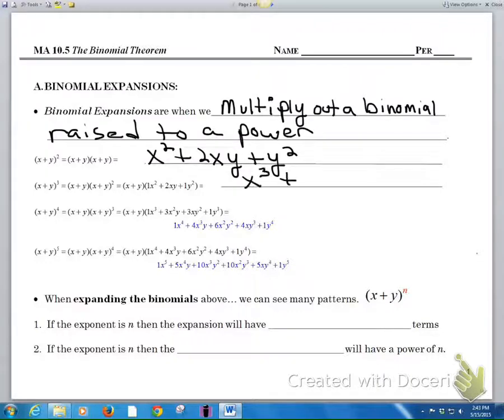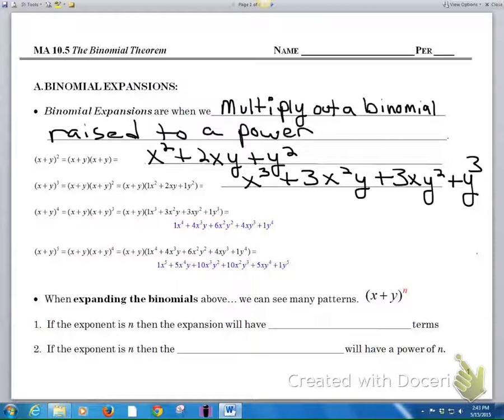So if I were to multiply out (x + y)(x + y)(x + y), it would be, and I'm going to show you how to get this, x cubed plus 3x squared y plus 3xy squared plus y cubed.